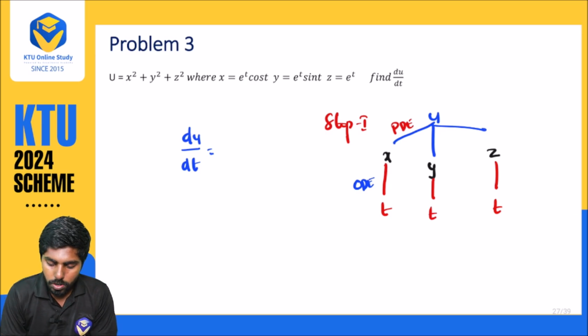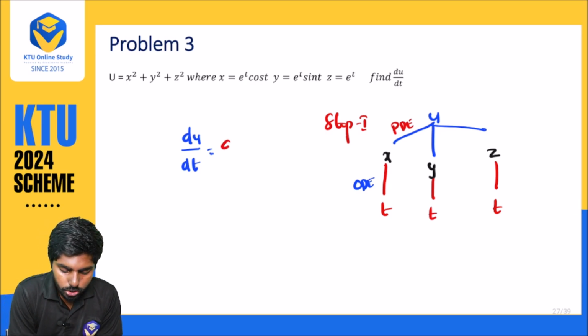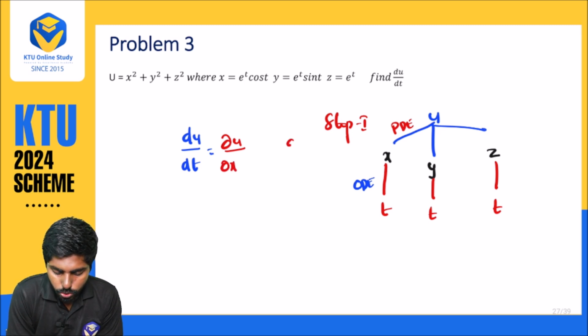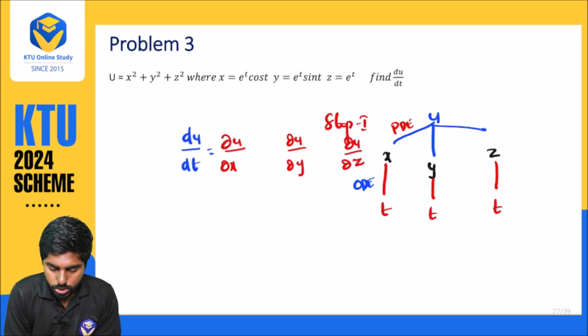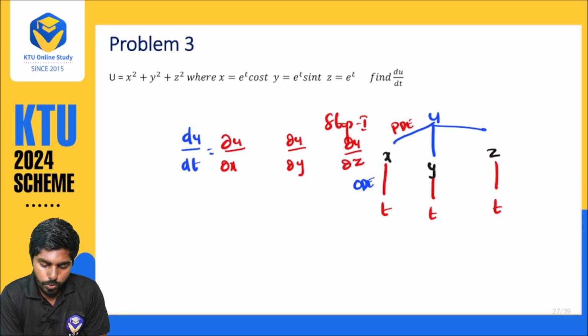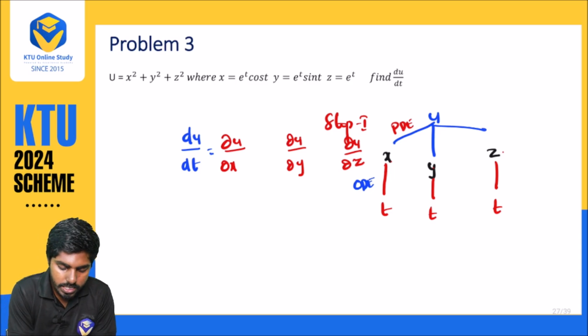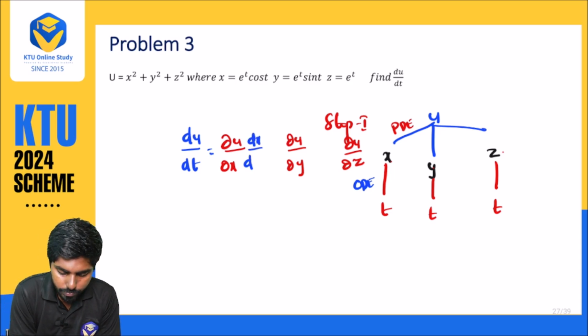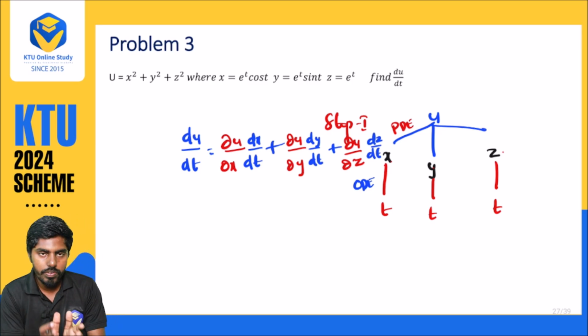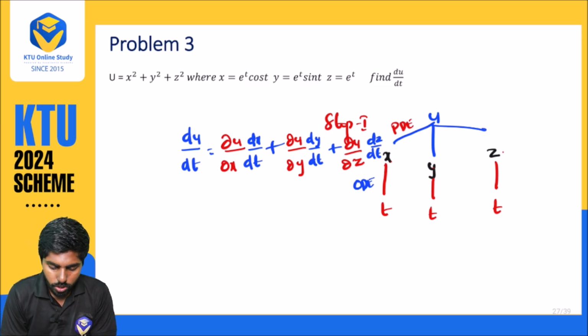So what will the formula become? It will have dou u by dou x, dou u by dou y and dou u by dou z. These are the partial derivatives, because u depends upon x, y, z, and that is the reason I am writing the dou symbol. And for the ordinary derivatives we have dx by dt, dy by dt, dz by dt, with plus symbols between them.